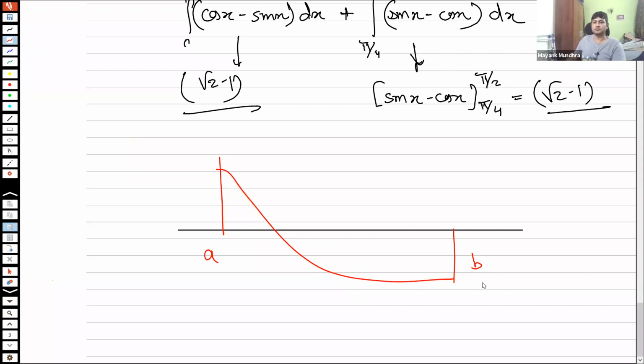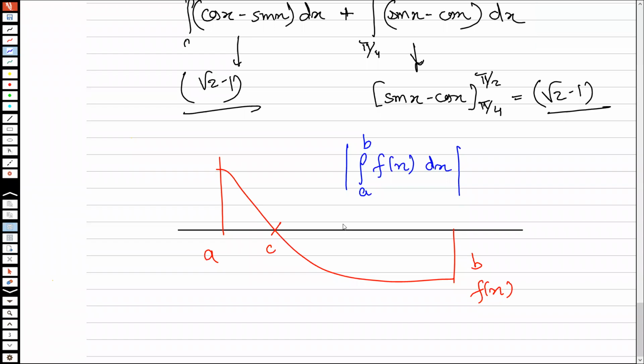Suppose this function is f of x, and this point is, let's say, C. So what you're suggesting is mod integration of f of x going from A to B, is it? No, sir. Taking the individual mods, mod of area from A to C and then from C to B. Correct. That's fine.